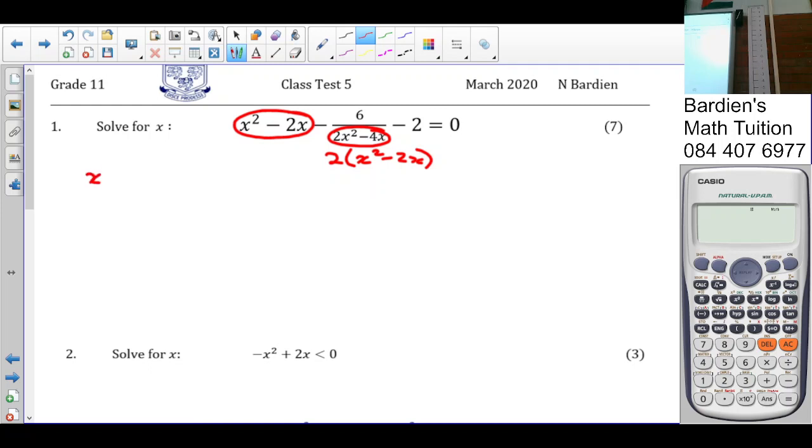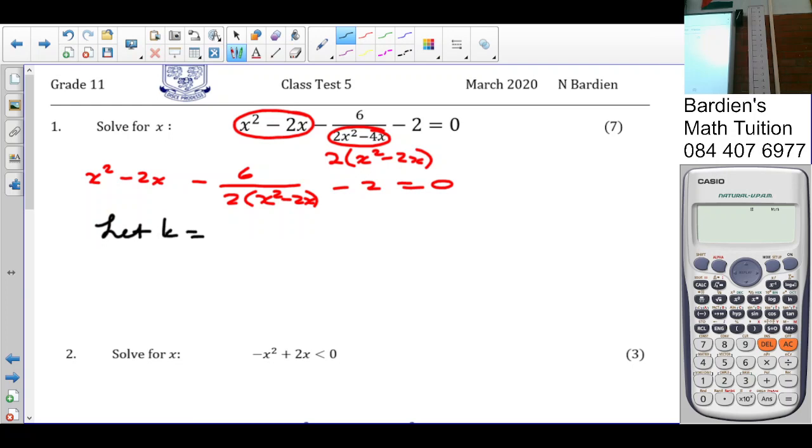So what we have now is x squared minus 2x minus 6 over 2 into x squared minus 2x minus 2 is equal to 0. So what do we do now? Now we can say let k equals x squared minus 2x. Not so? So what would we have then? We have a k here.